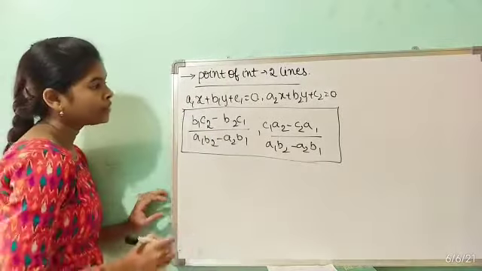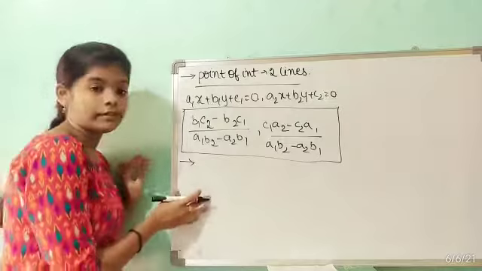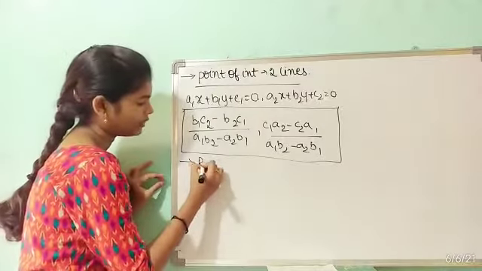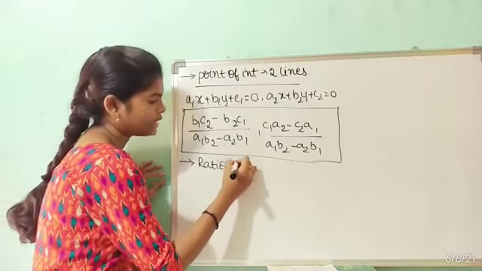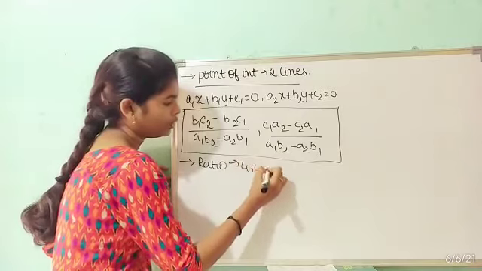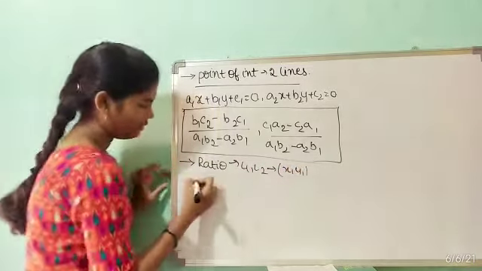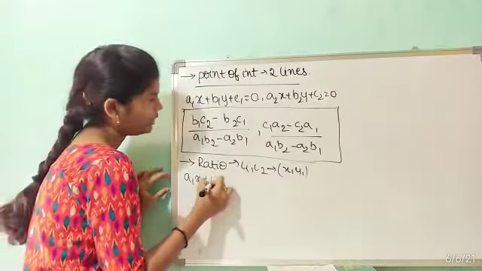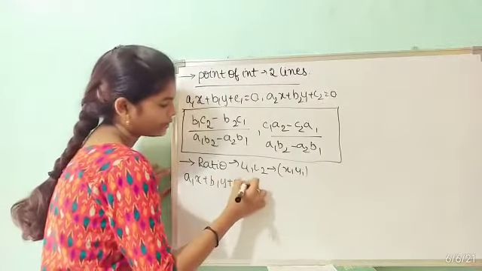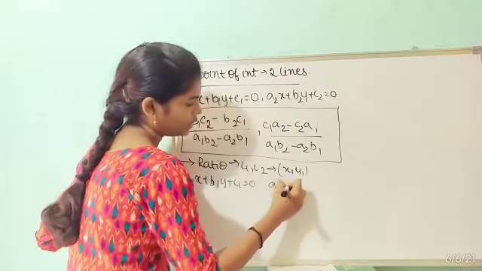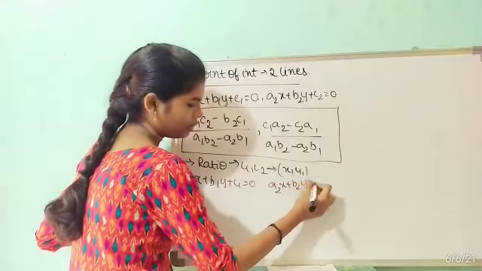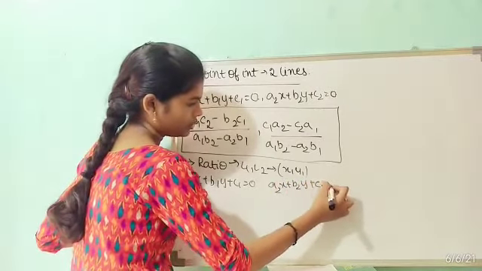This is quite difficult to remember, but if you remember, you can easily find the point of intersection between these two lines. Okay, similarly with the next topic, suppose we are given a ratio between these two lines L1, L2. In order to find it, suppose a point is given x1, y1 and the two equations will be similar to this: a1x plus b1y plus c1 is equal to 0, a2x plus b2y plus c2 is equal to 0.